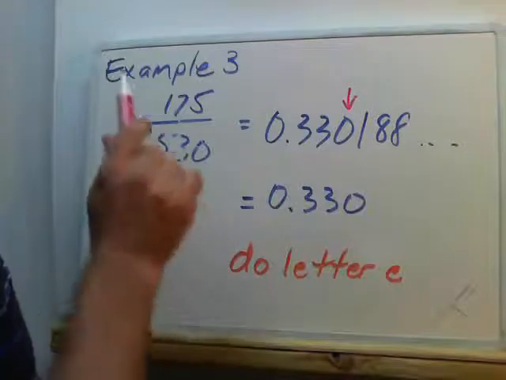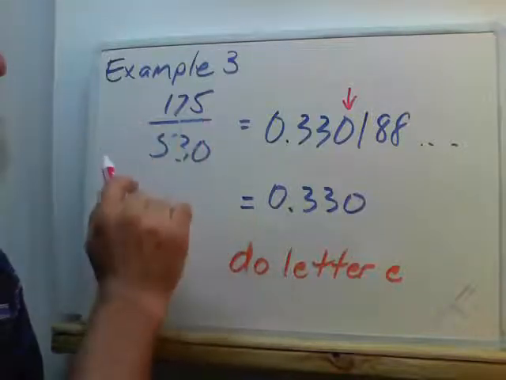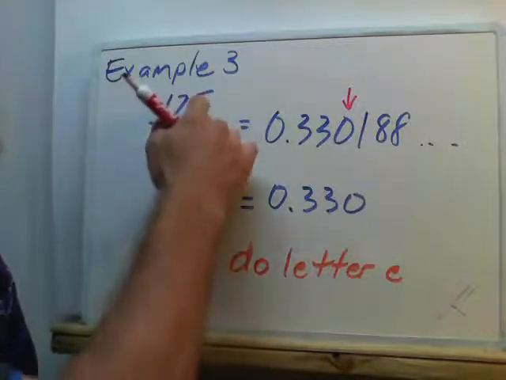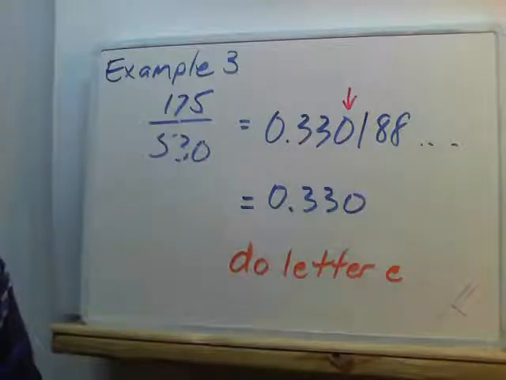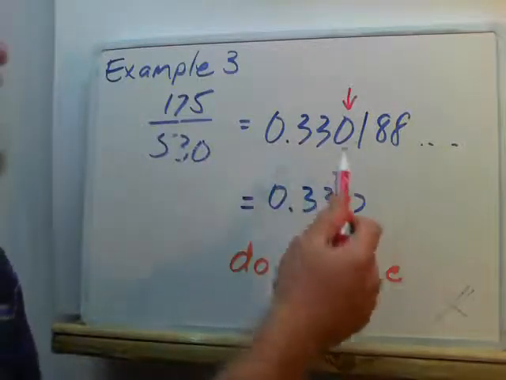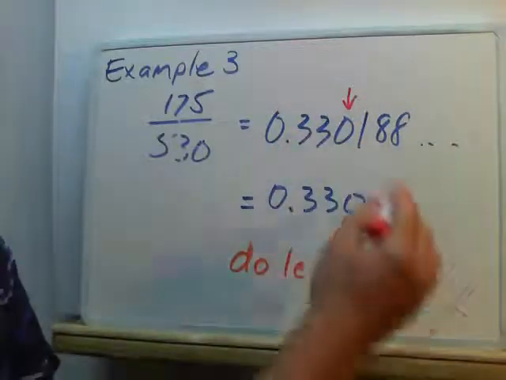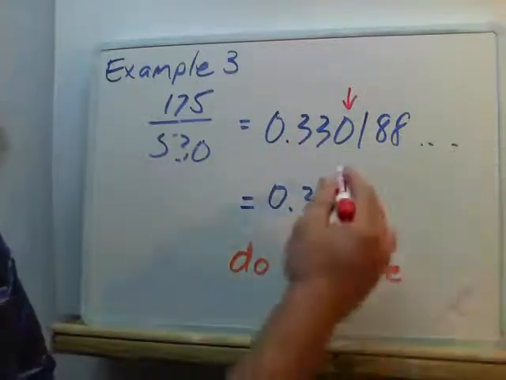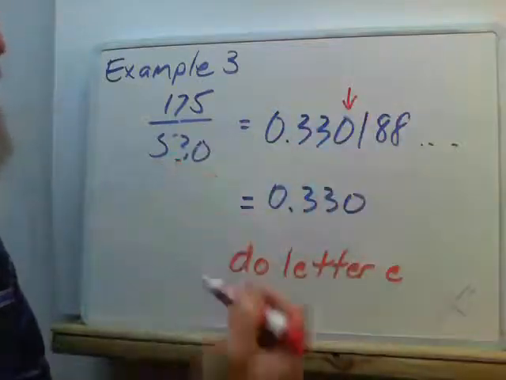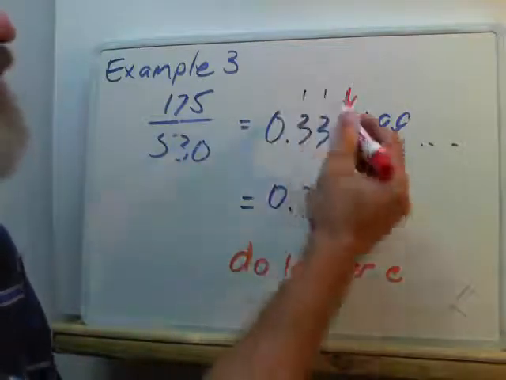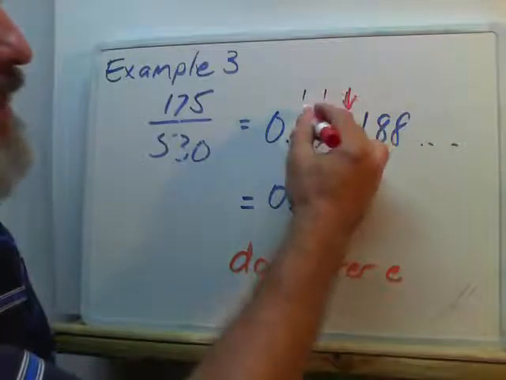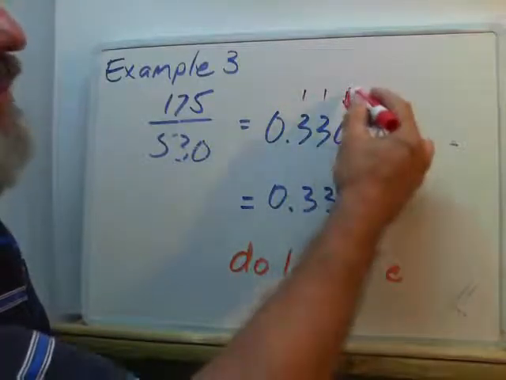Example number 3. He had 175 hits out of 530 at bats, so we simply do 175 divided by 530. Again, in a calculator, you're going to get 0.33018, and there are additional decimal places there. I stopped after that because they asked us to round to the nearest thousandths. This is your tenths column, this is hundredths, and this is thousandths.